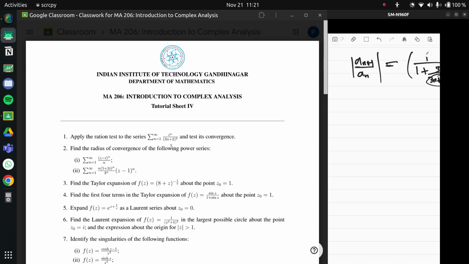So let's try to do it with this series. You have a sub n equal to 1 upon n squared. We know that the summation of 1 upon n squared is pi squared by 6, but let's see if the ratio test actually shows convergence. So a sub n plus 1 upon a sub n is equal to n squared upon n plus 1 squared.